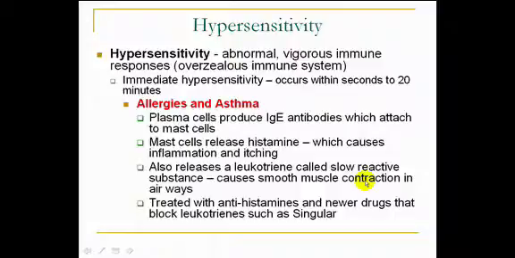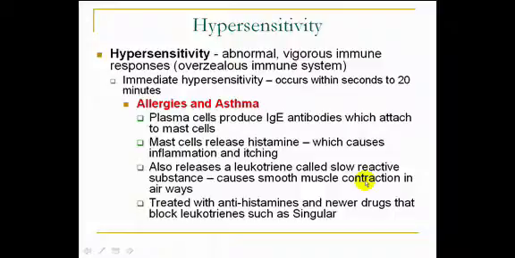So some people overreact to pollen. Pollen isn't going to kill you, but it is an antigen that appears foreign to your immune system, and your immune system overreacts and causes some uncomfortable symptoms. We consider this an immediate hypersensitivity, which means it occurs within seconds to 20 minutes of being exposed to the antigen. So one type of immediate hypersensitivity is your allergies and asthma.